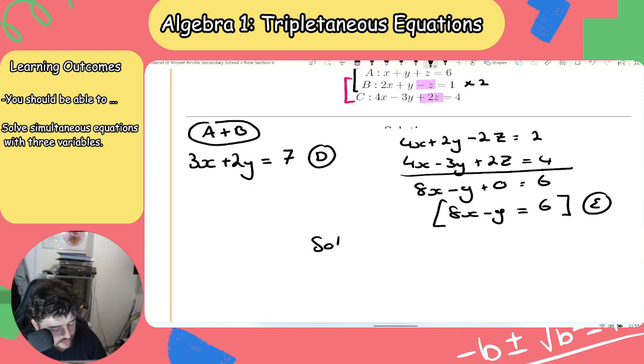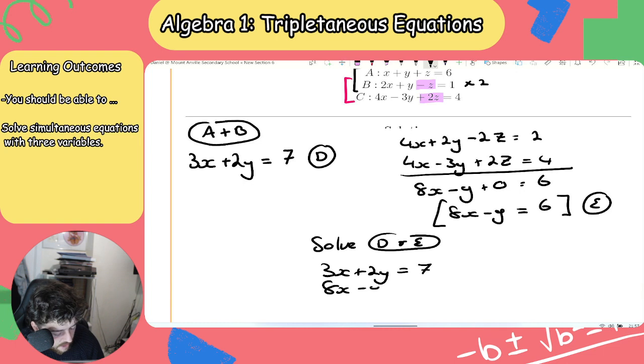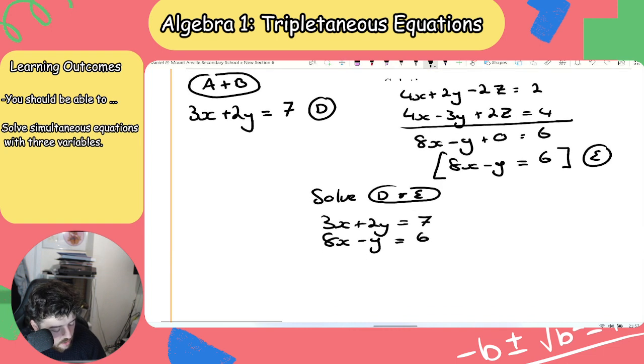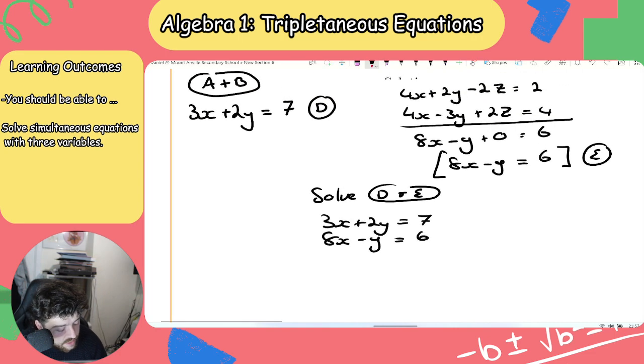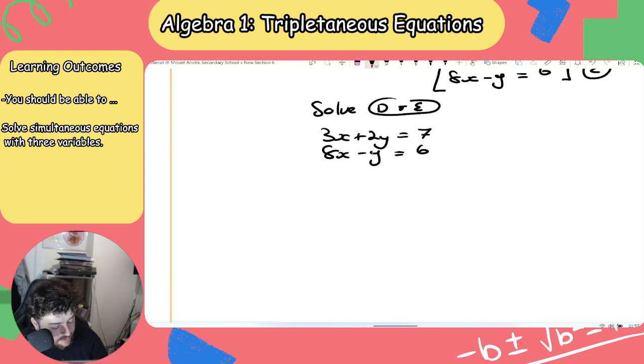Now I just solve D and E. So 3x plus 2y equals 7, and 8x minus y is equal to 6. I want to cancel out y in this case, because I already have my plus and minus here. So now I'm solving a regular old simultaneous equation.